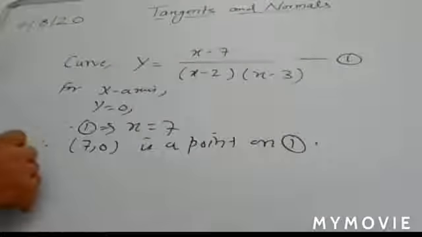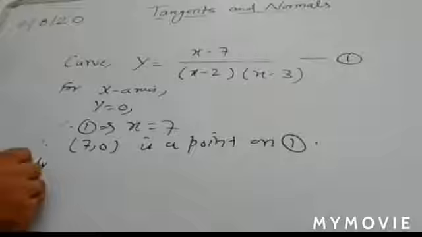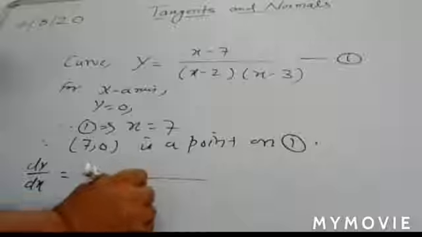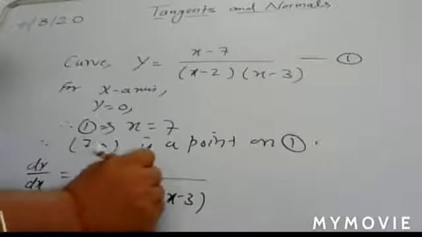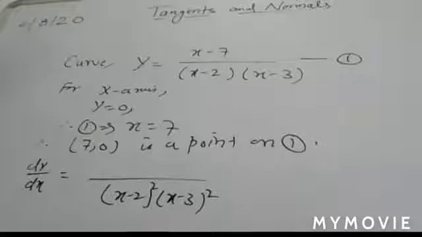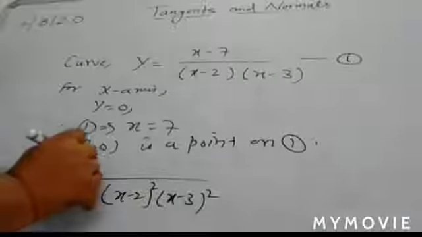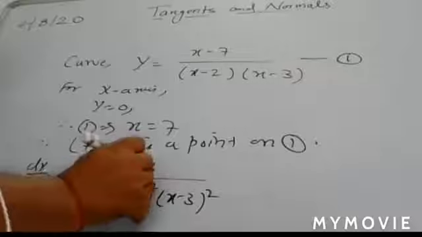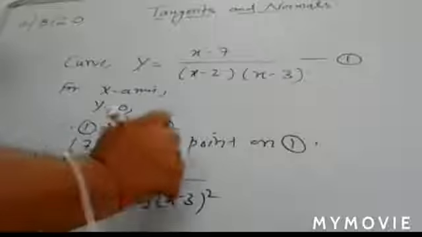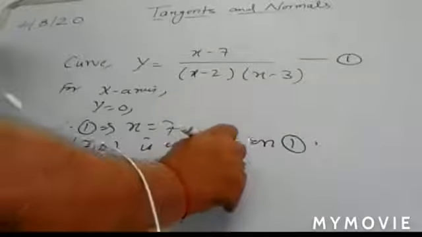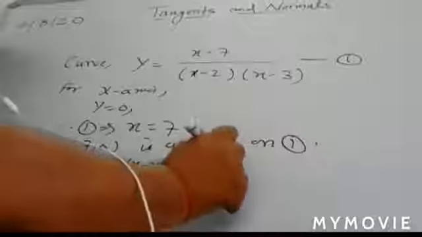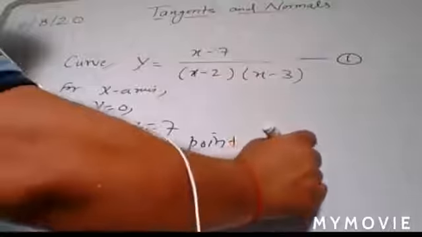For dy/dx, you have the complete square of (x − 2)(x − 3) in the denominator. Then in the numerator, the derivative of the numerator, which is 1, times (x − 2)(x − 3), minus the numerator (x − 7) times d/dx of (x − 2)(x − 3).